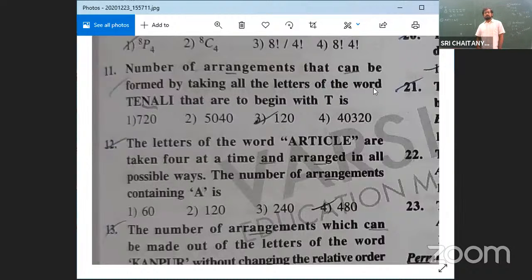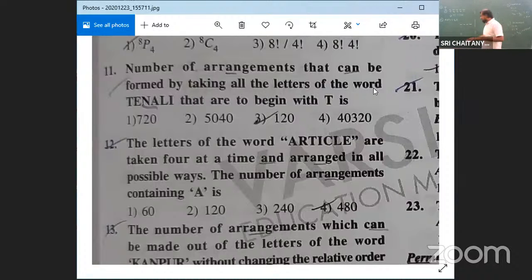Actually, what is the meaning of the question? Whatever 4-letter word you form, in that 4-letter word there should be capital A, right? So, A can be in the first place. We can form some words where A is in the first place. We can also form some words where A is in the 2nd place, similarly 3rd place and the 4th place.